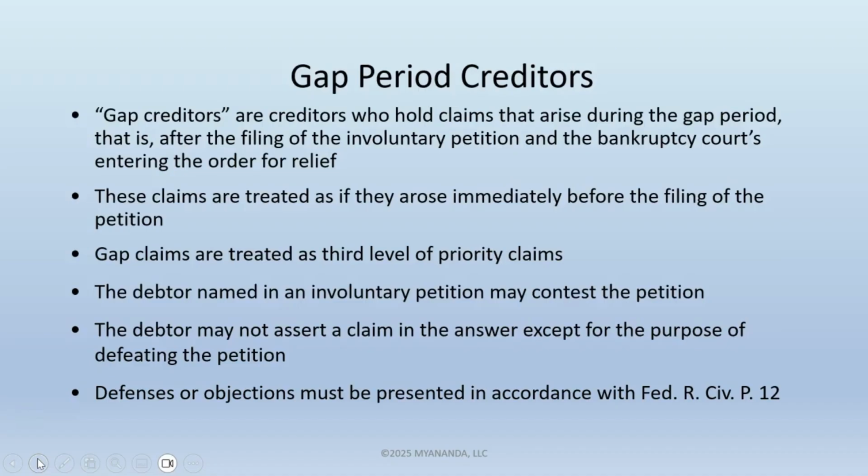The debtor named in an involuntary petition may contest the petition, which is often the case. The debtor may not assert a claim in the answer except for the purpose of defeating the petition. Defenses or objections must be presented in accordance with the federal rules.